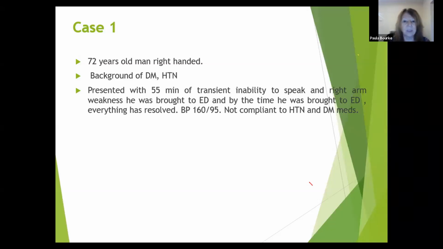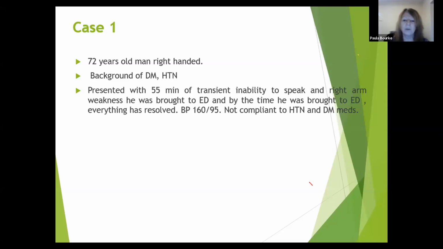He was brought into ED, and by the time he was brought into ED, everything had resolved, completely back to normal. His blood pressure was 160/95. He's not compliant with his diabetic or his hypertensive medication.